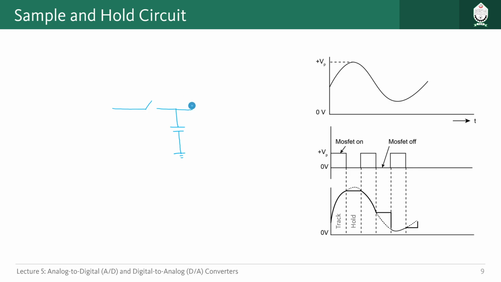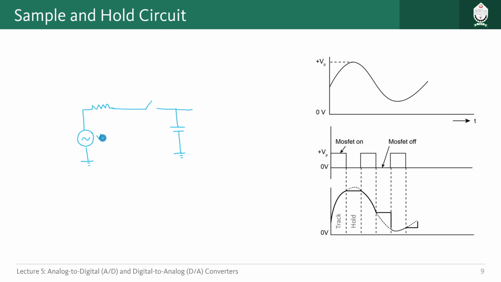Now whenever we are talking about the input voltage, we know that all voltage sources generally have some amount of internal resistance. So let us represent that using this resistor here, and this is our voltage source, the input analog signal we are providing, right?